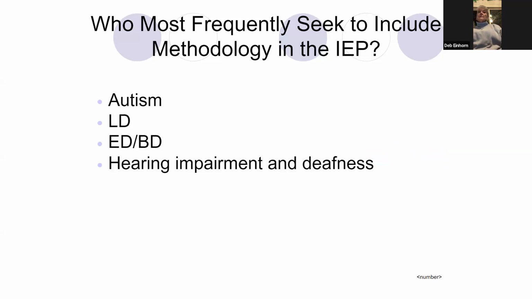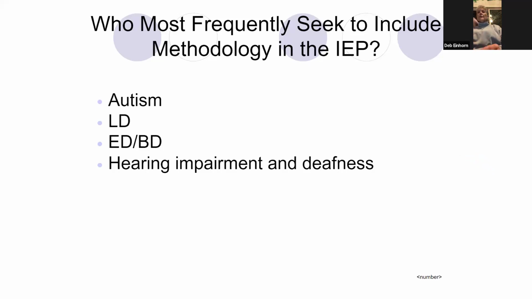Students with emotional disabilities, where you're talking about behavior interventions. This is one of my common complaints: so many children that have emotional disabilities have IEPs where their services are provided in a segregated school just for children with emotional disabilities. And in those schools, they frequently have a behavior system.